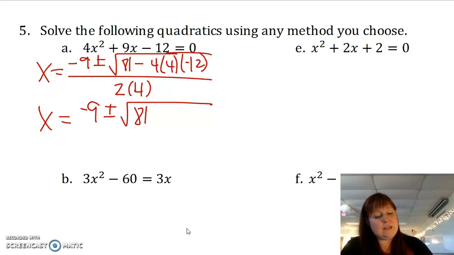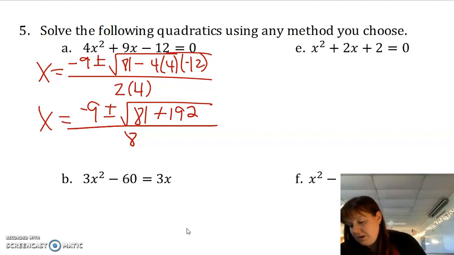And since this 12 is negative and this 4 is negative, we actually have 81 plus 192, all over 8.